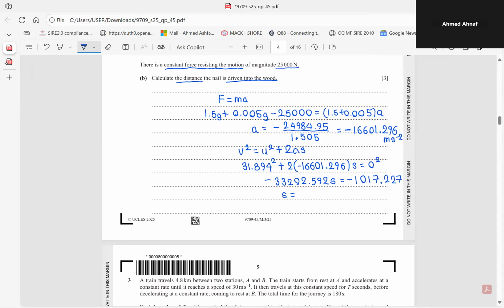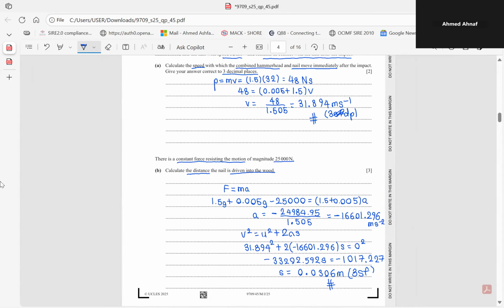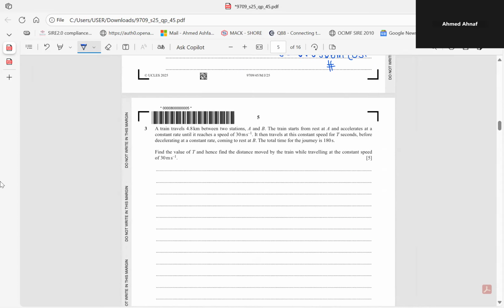You will get 0.0306 meters to 3 SF. So this is our final answer for this final part, as well as the entire question. Let's head on to the next question.